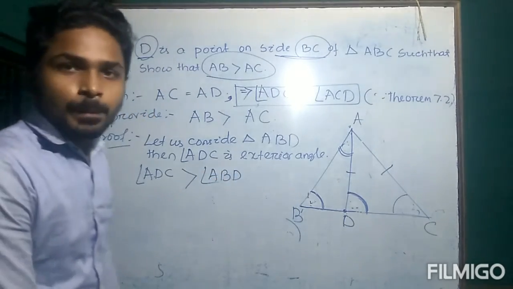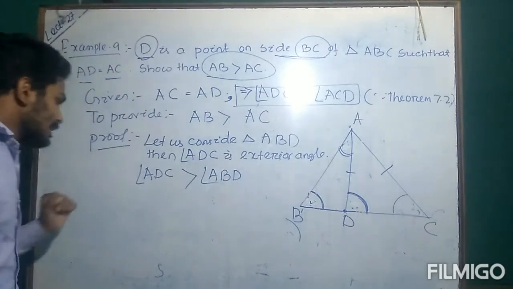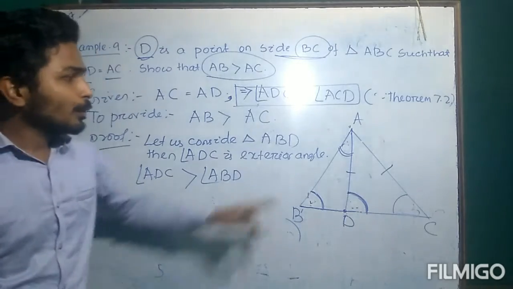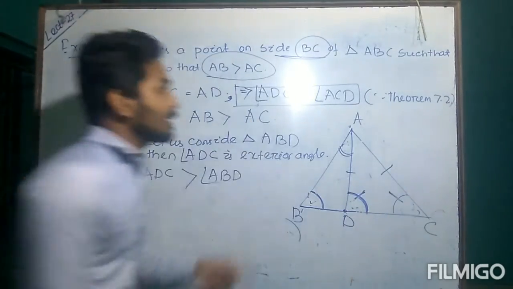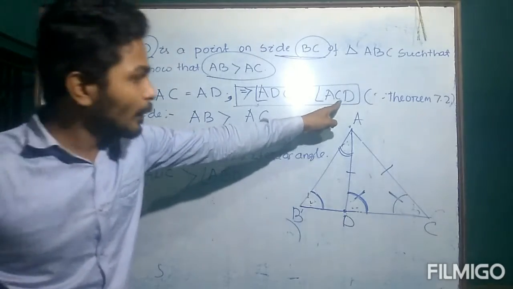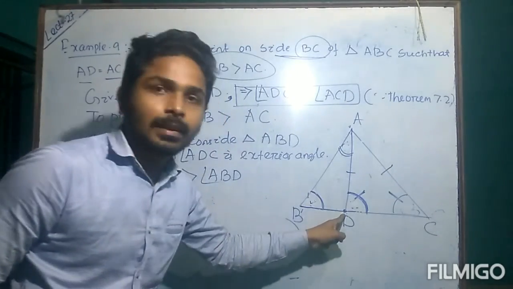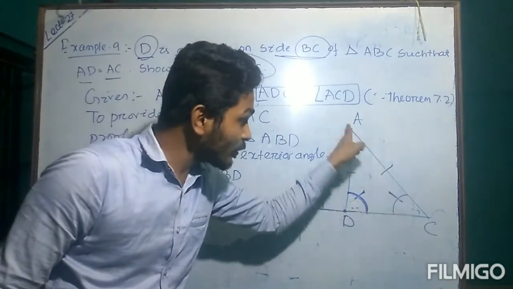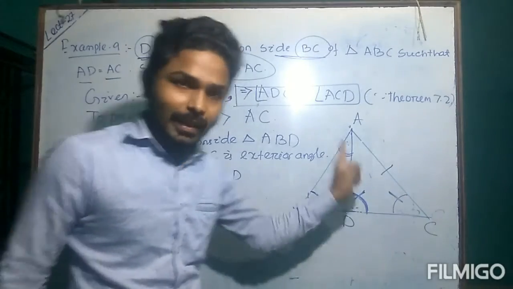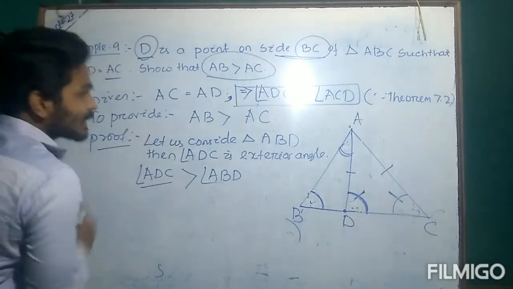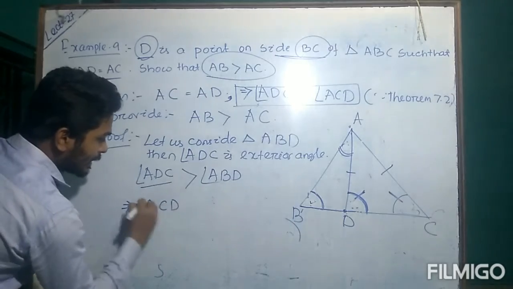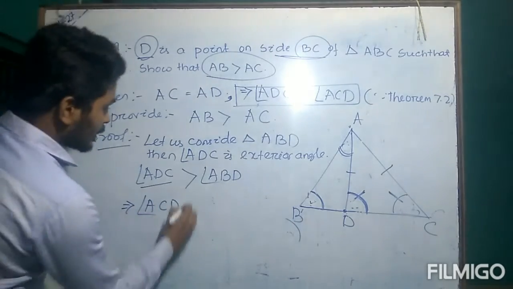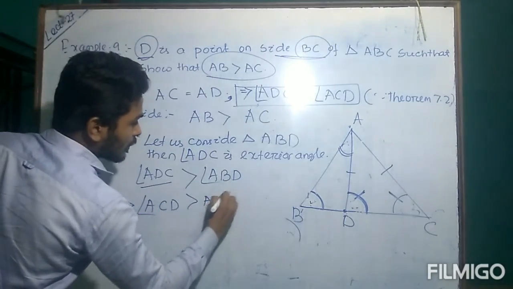You understand this? Okay. Next thing, we know this angle is equal to this angle, angle ACD. Why? Because AC is equal to AD. So this angle is equal to this angle for the triangle ACD. Is it correct? So in place of ADC, we can substitute ACD. Correct? Is greater than ABD.